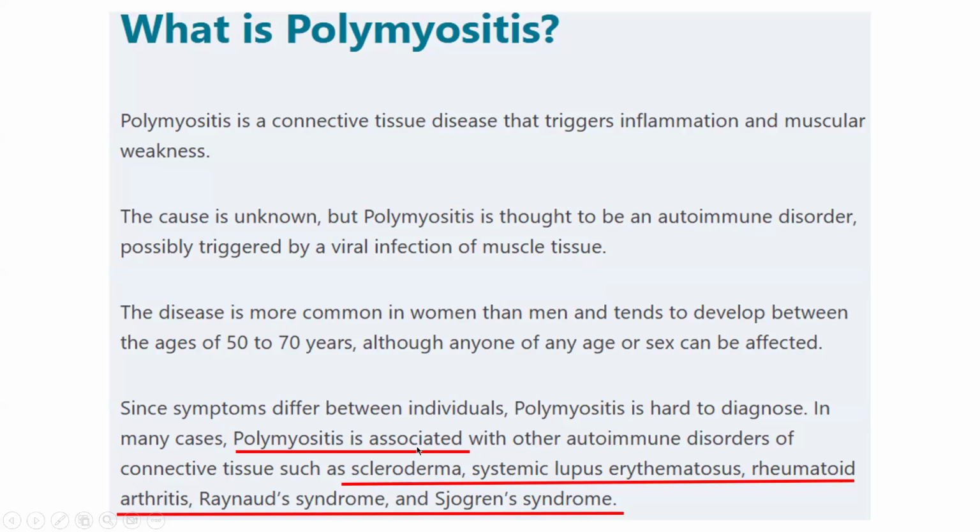They'll say a known patient with Sjogren's syndrome, or a known patient with SLE. And then you might think it's a complication of SLE, whereas they're talking about another disease that's associated with SLE, right? So polymyositis is associated with scleroderma, SLE, rheumatoid arthritis, Raynaud's, and Sjogren's. So these are all commonly associated with each other, right?